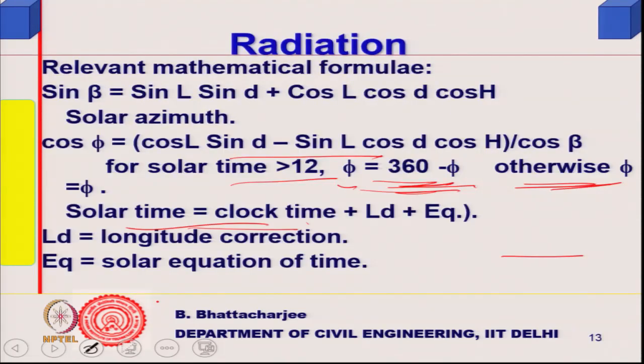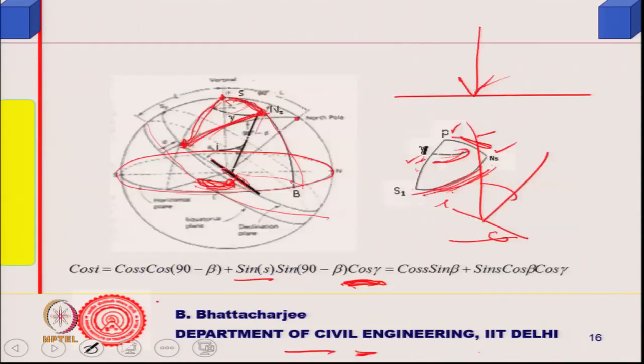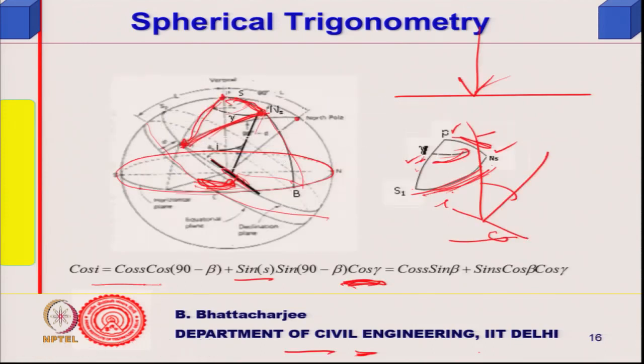If you just do it yourself, maybe you will get it straightforward. So, cos of incident angle is given by cos of tilt angle cos of 90 minus beta plus sin of tilt angle sin of 90 minus beta cos of wall solar azimuth. So, this comes out to be cos tilt angle sin beta plus sin tilt angle cos beta cos of wall solar azimuth.